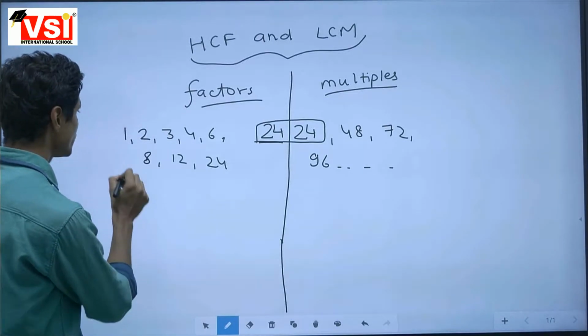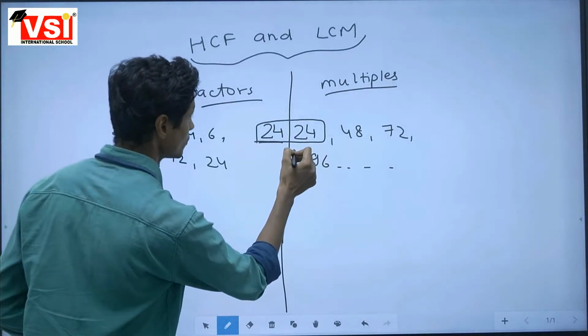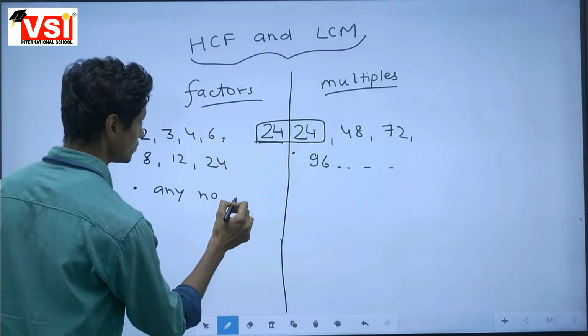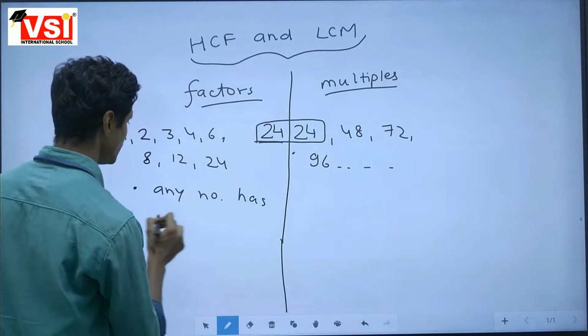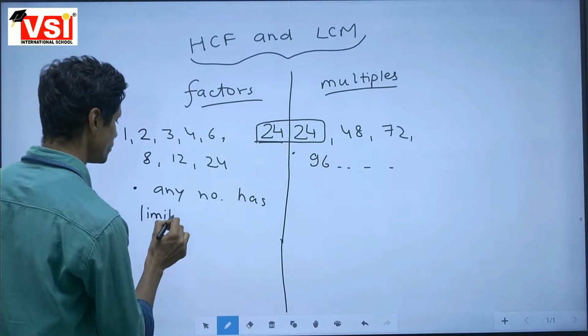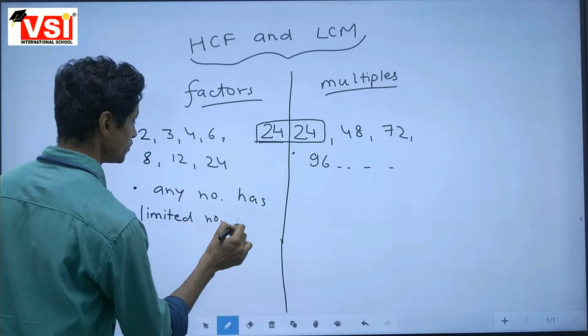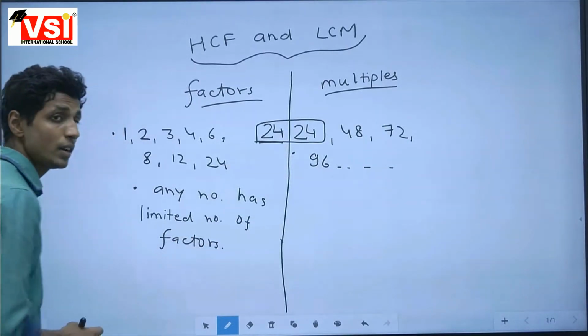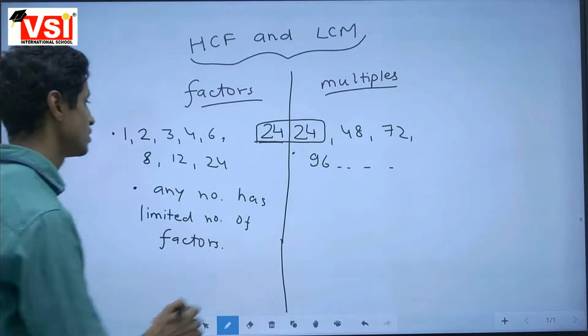So second point, you can write that any number has a limited number of factors. Any number has a limited number of what? Factors.